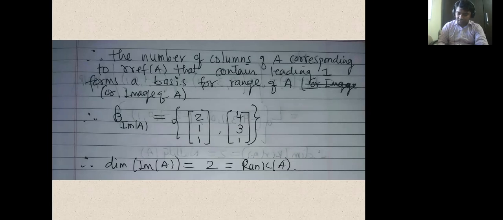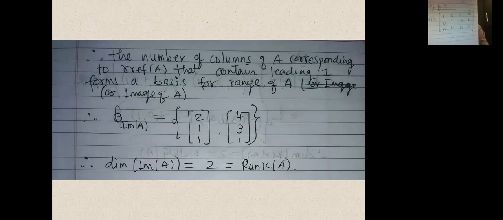So for nullity, we have the row reduced echelon form. The RREF of A, we got it as 1 0 0 0 1 0 9 minus 3 0 2 1 0. Okay, this is the row reduced echelon form of matrix A.